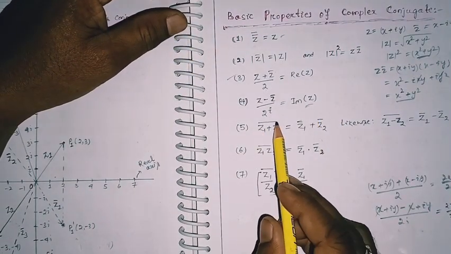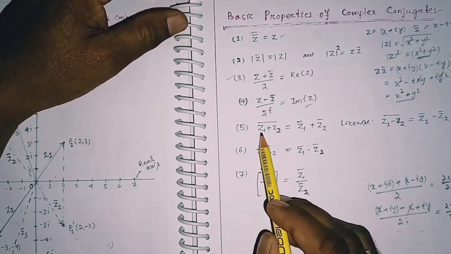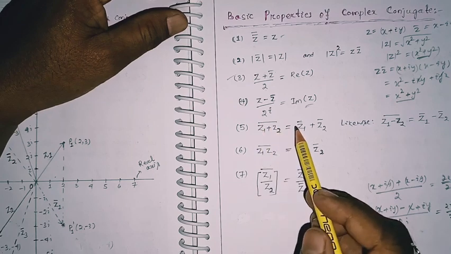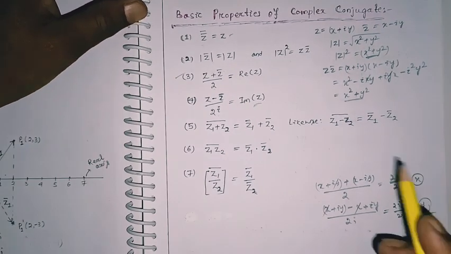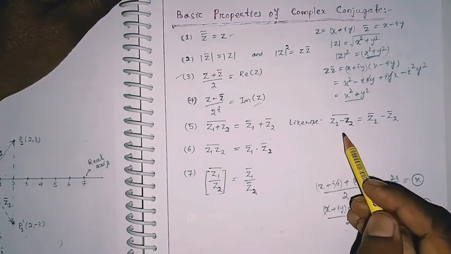Z1 plus Z2 whole bar will be Z1 bar plus Z2 bar. First you add both complex numbers, then take the complex conjugate, which equals the addition of the corresponding complex conjugates. Likewise, this is an easy thing that you can prove by yourself.